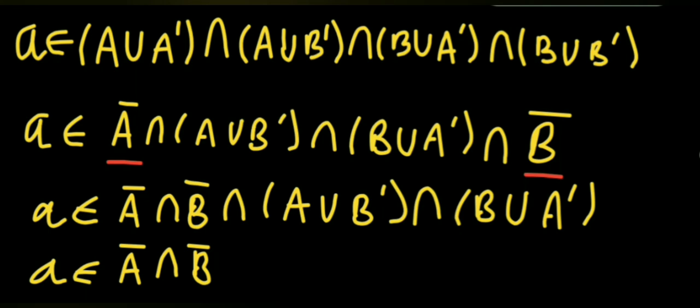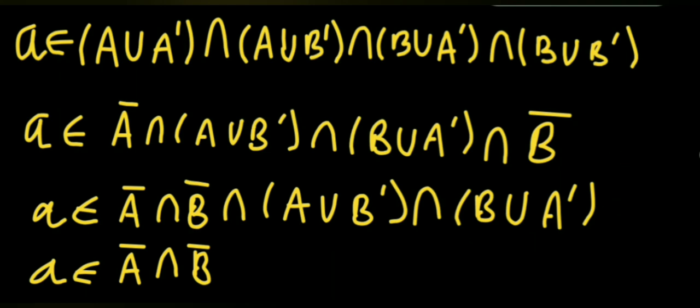That is, we can change its order, as everywhere we are taking the intersection of these sets. So what we get is a belongs to closure of A intersection closure of B intersection (A union B prime) intersection (B union A prime) from this step.